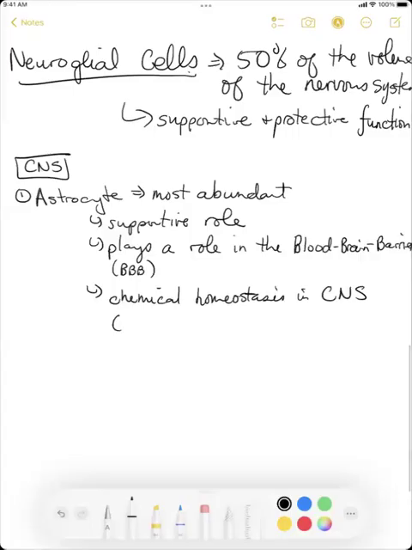In particular, they're going to help with potassium concentration regulation. They also may play a role in learning and memory. That's still up for debate a little bit.